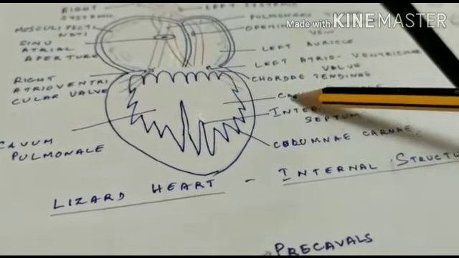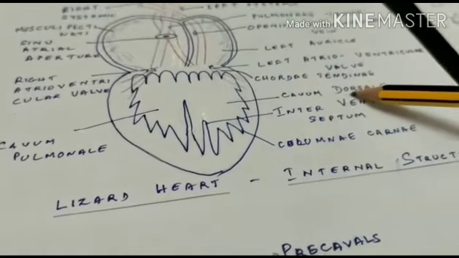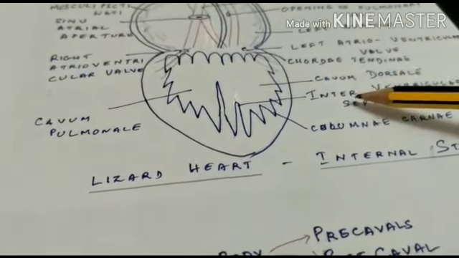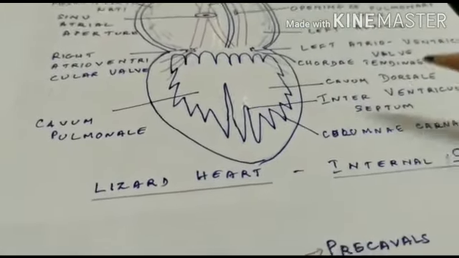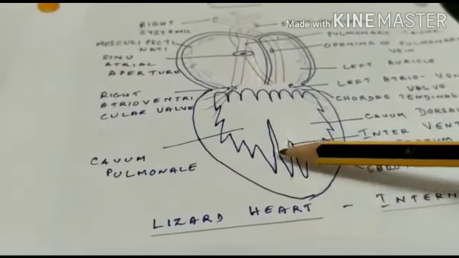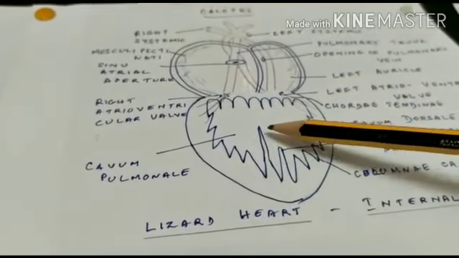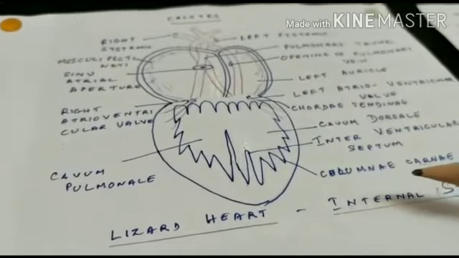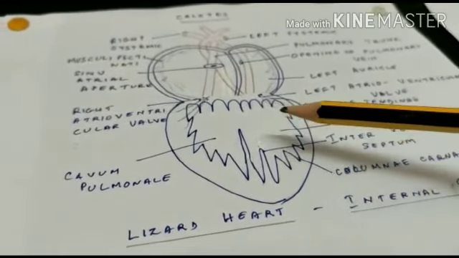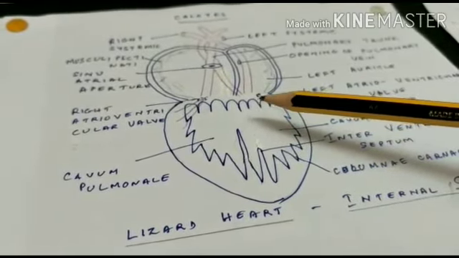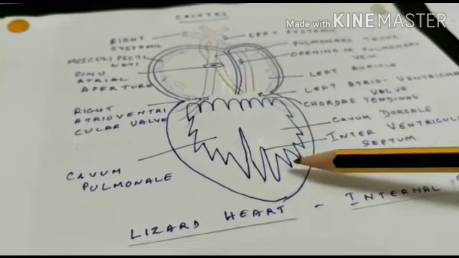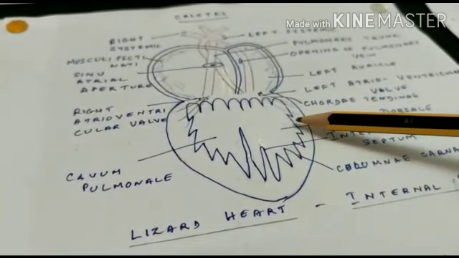These are called the chordae tendineae. So this is about the ridge which runs obliquely, the columnae carneae, which are the projections, and the chordae tendineae, which bind the valves to the wall of the ventricle.